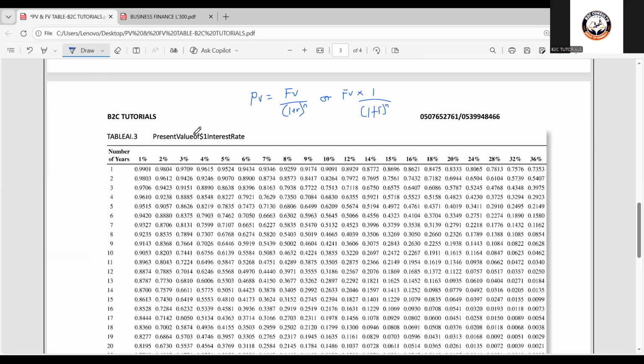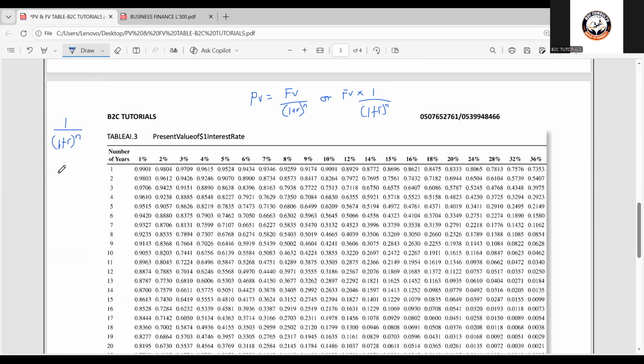Now, on the present value table, this 1 over 1 plus R raised to the power n is what you see in the table.